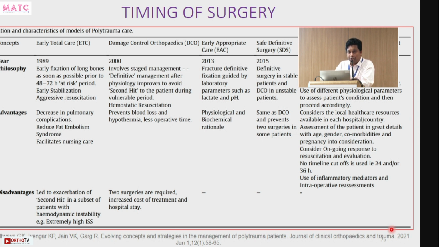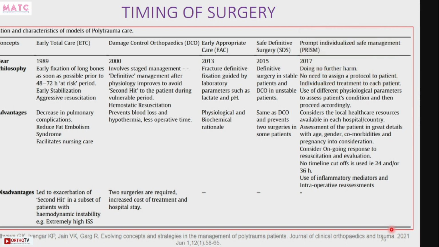But the paradigm has shifted, in the early 2020s or late 2020s, to do no harm and individualize your patient care. There is no fixed rule that I should operate on the patient within 24 hours, or I should fix this fracture within 72 hours. You have to individualize your patients. So that is the dictum we currently practice, and that is the prompt, individualized and safe management principle of surgery in a polytrauma patient.